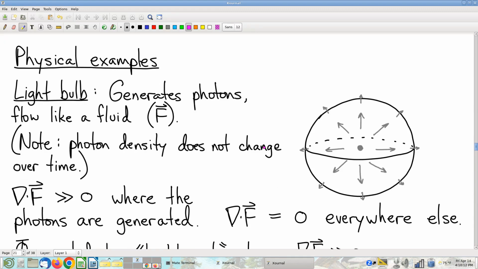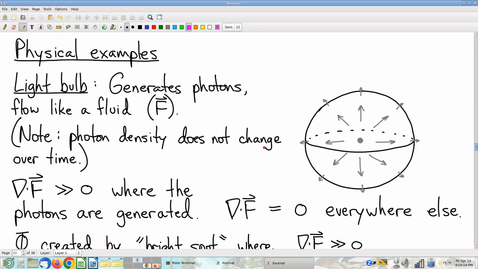I want to talk about some physical examples. Gauss's divergence theorem is just off the charts important in engineering and physics, and probably, come to think of it, physical chemistry, if there are any chemistry majors in the crowd. There are plenty of places where it comes up.